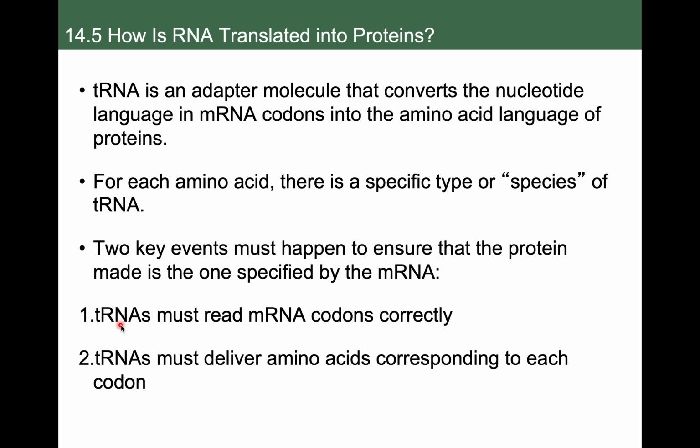Because remember, it's those codons that are specifying what amino acid should come next, those three-letter words, if you remember the first half of the chapter. And then the tRNAs not only have to read those codons, but they have to bring in the correct amino acid that should be specified by each codon.